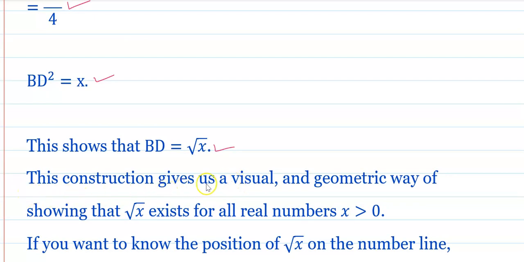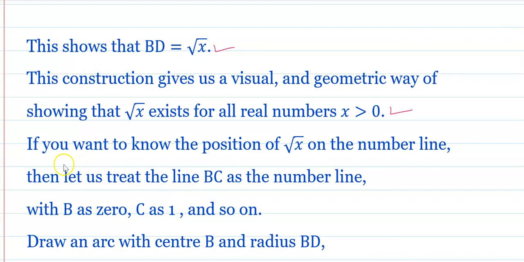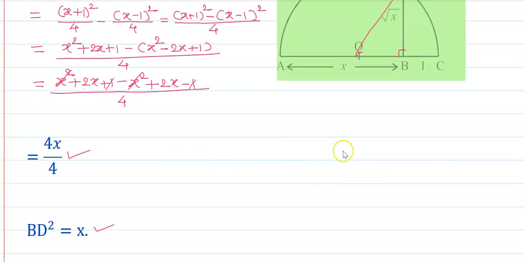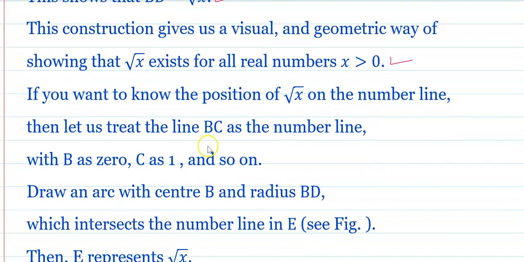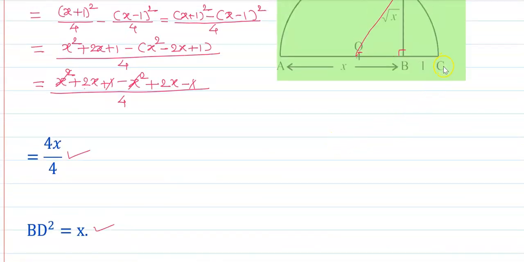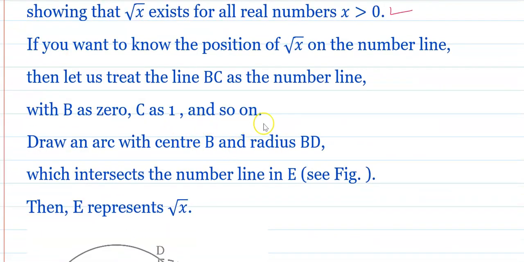This construction gives us a visual and geometric way of showing root x exists for any real x greater than 0, which is positive. If you want to know the position of root x on the number line, let us treat the line BC as a number line. Take B as the origin, with B as 0 and C as 1, the coordinate of C as 1, and so on.